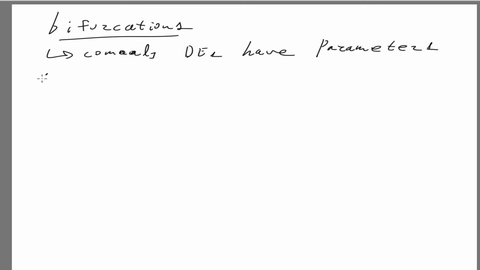For instance, here's an example. We have dx/dt, maybe some sort of exponential decay, so we're going to have some negative kx. This is some sort of a decay type differential equation where k is a parameter.